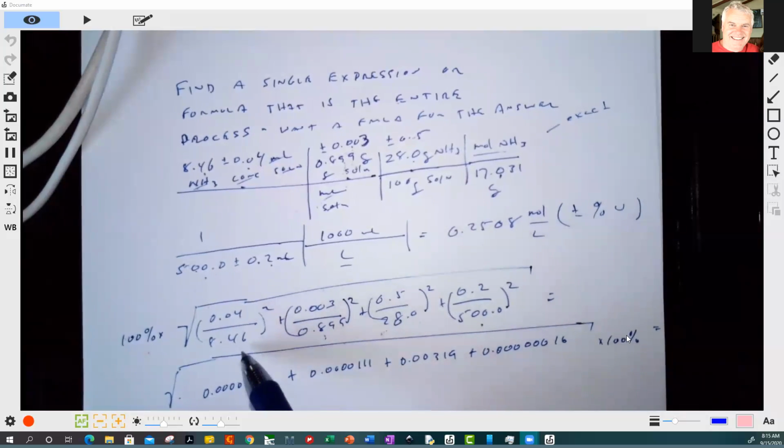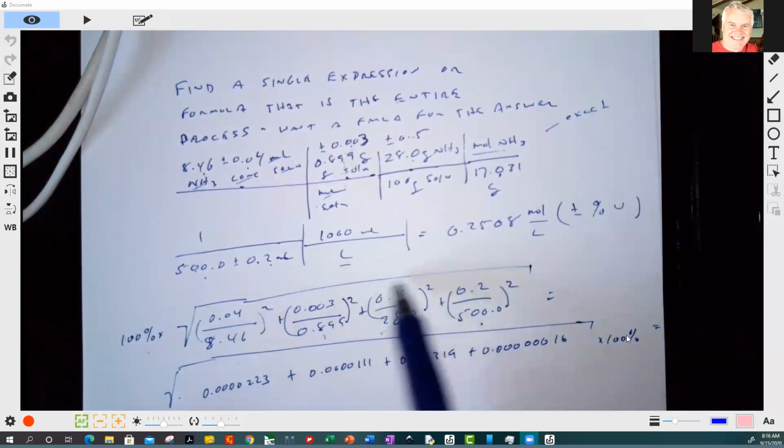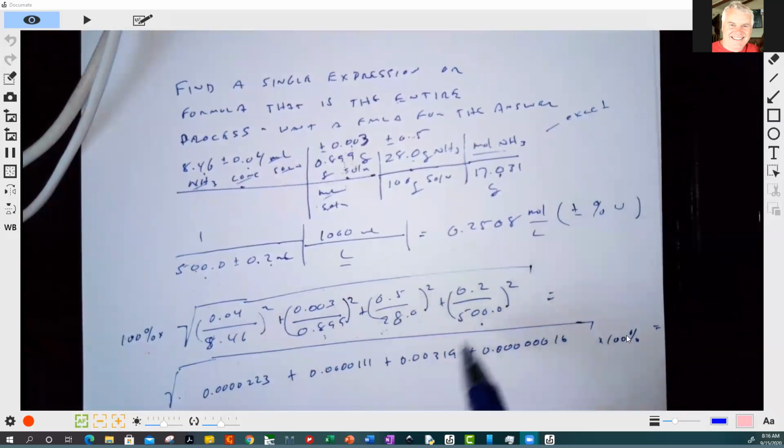And 0.04 out of 8.46, 8.46 is 4 zeros and then a 223. This guy here is quite a bit larger. So when we see it here, this turns into this value. And then this value here turns into this, right? When we add them all up.